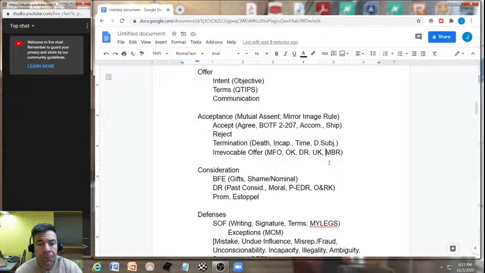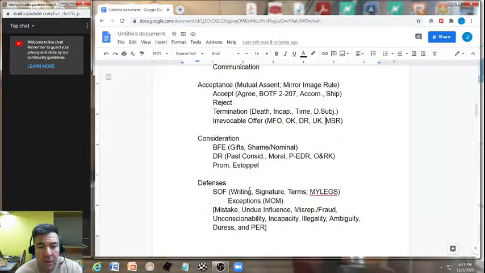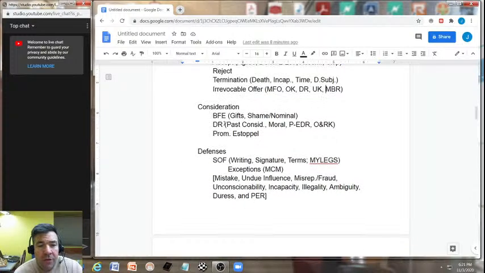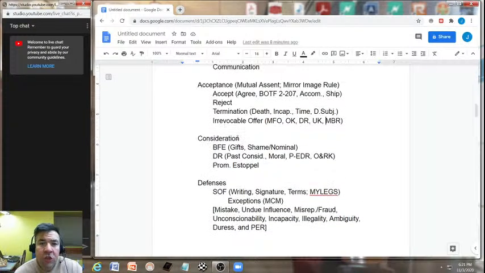Now, down here under consideration, consideration is a bargain for exchange of legal detriment flowing between the offeror and the offeree.